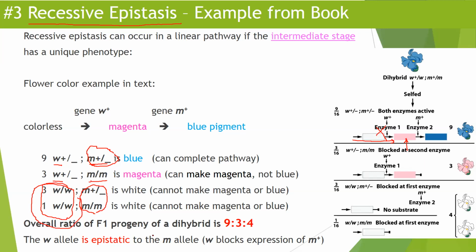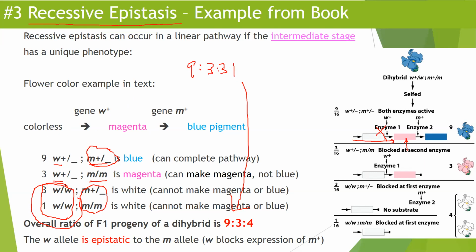All right. So in this case, let's see what is the relationship between the classic 9:3:3:1 ratio and this one, because of this recessive epistasis relationship between the W gene and the M gene.